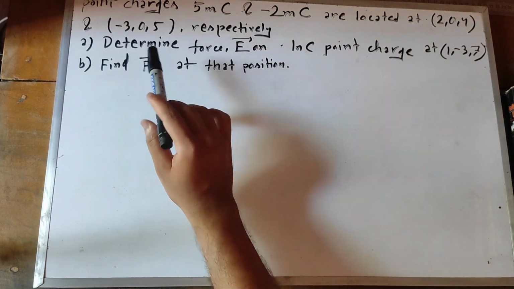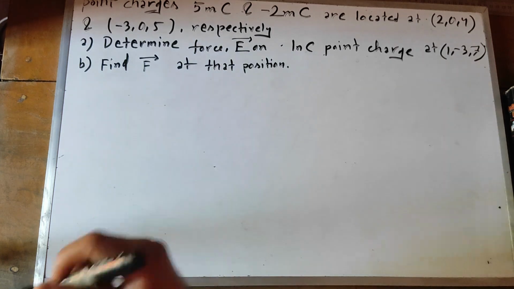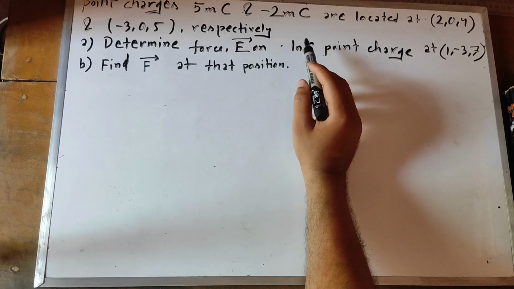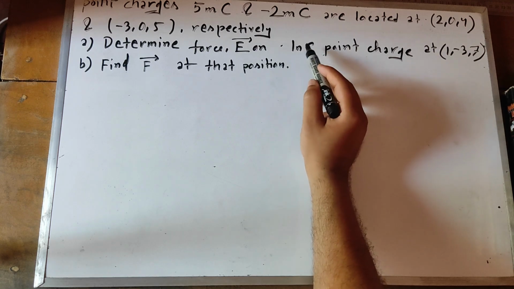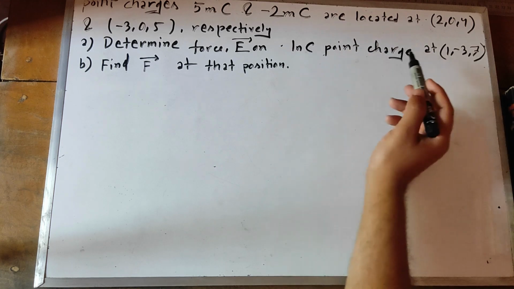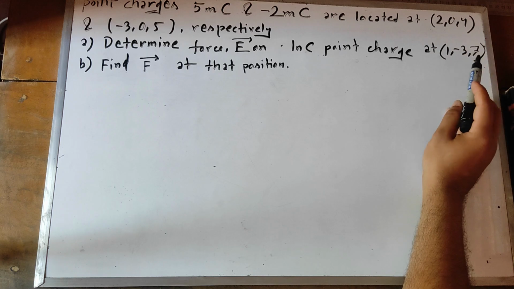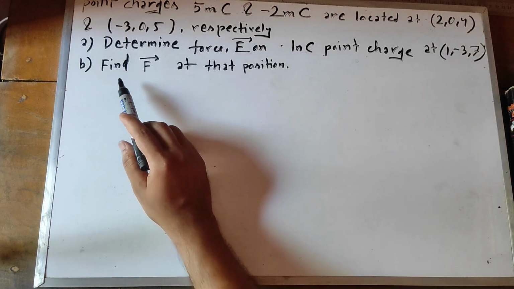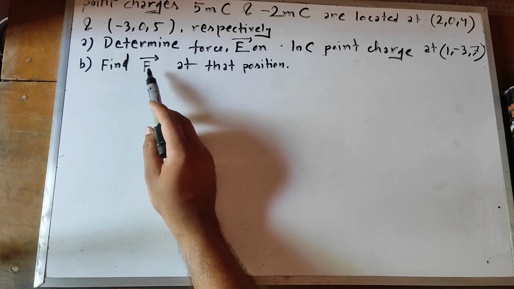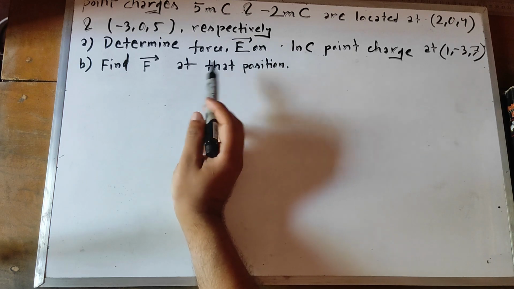It asks to determine the field, the force field E, on a point charge of 1 nanocoulomb at the Cartesian coordinate 1 3 7, and further it asks to find the actual force on the charge at that position.